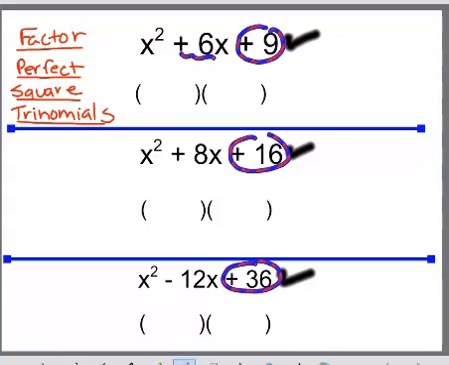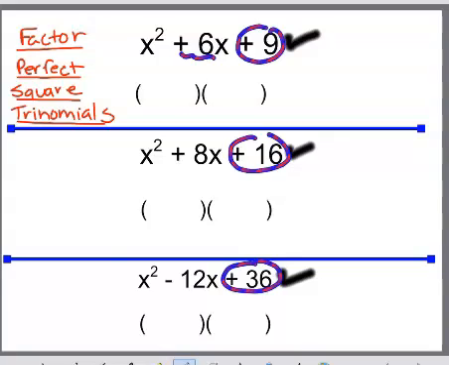So when we're completing the square, we're creating perfect square trinomials, and then we're factoring them. The reason I want to show you this step is that people get a little confused about how we get from step 2 to step 3 or step 3 to step 4.